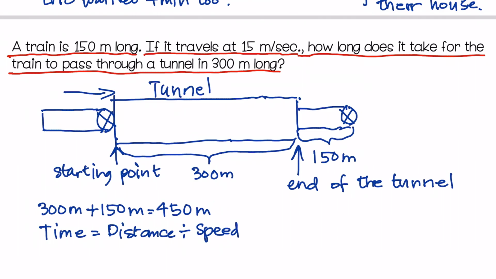So the distance is 450 meters divided by the speed of 15 meters per second. 450 divided by 15 is 30. Now let's cancel the meters. So 30 seconds is the answer.